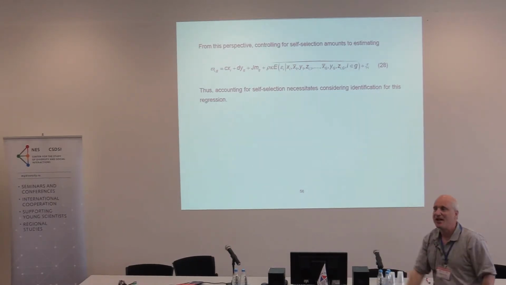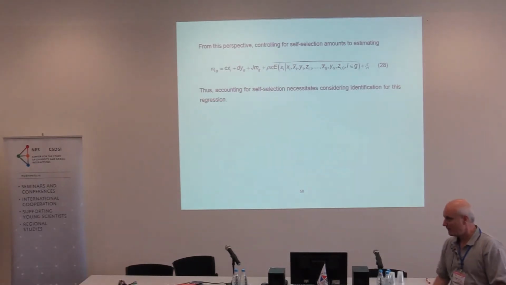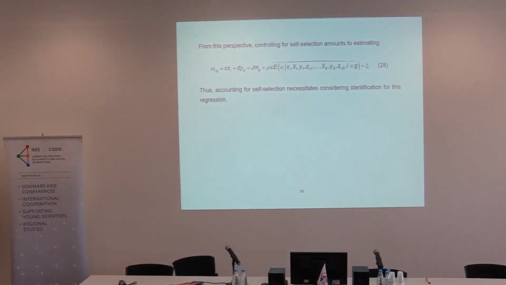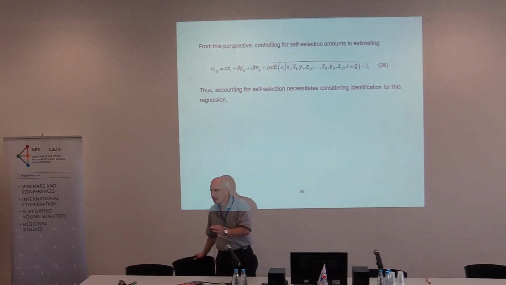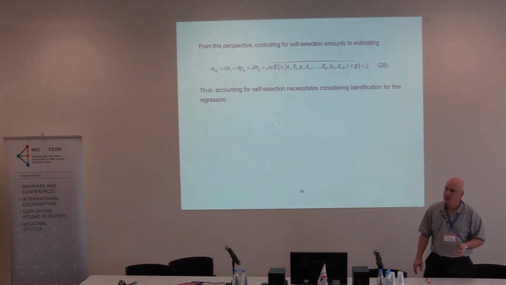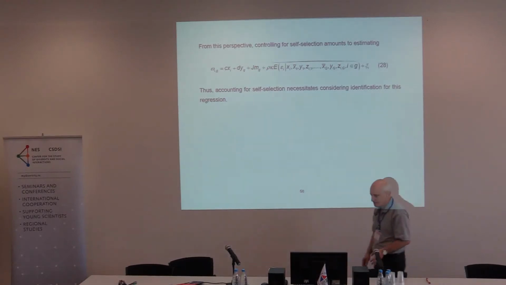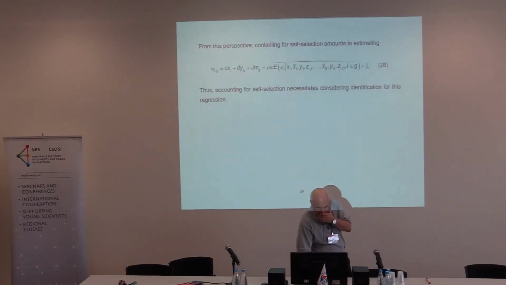I can't simply say that what was true when there was no self-selection is true for the new equation, because I have a new regressor in it. And so the observation now is if we model self-selection, we can construct a new regression for social interactions that accounts for the self-selection. But we then have to do the identification analysis in the context of the new equation.